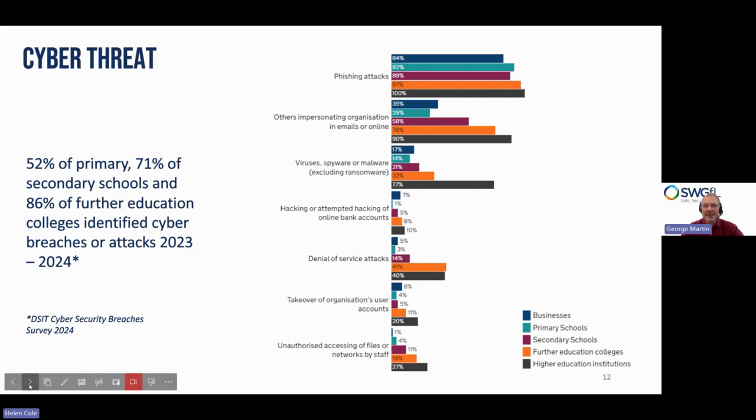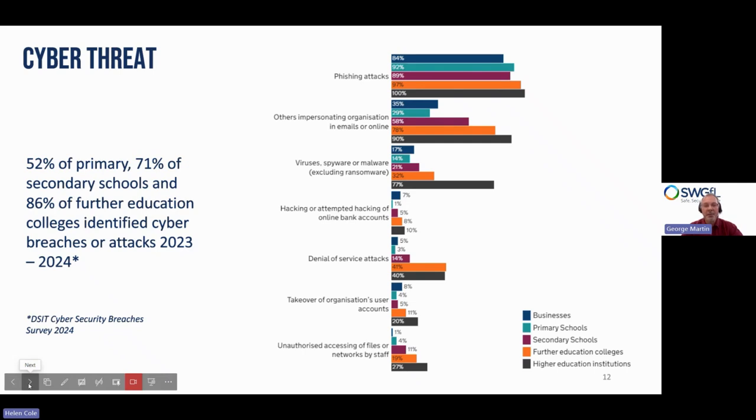In terms of the details, on the right-hand side, we see a number of the key threats that schools are reporting. And again, year over year, we're seeing a number of different threat types being reported in a much more granular way. So for example, this year, you'll see down towards the bottom, denial of service attacks. This didn't appear in last year's survey, but we're starting to get that granular view, that understanding of what the threat landscape looks like.